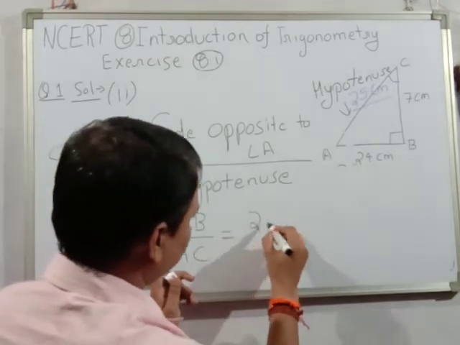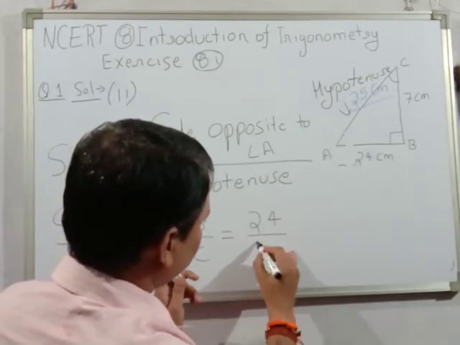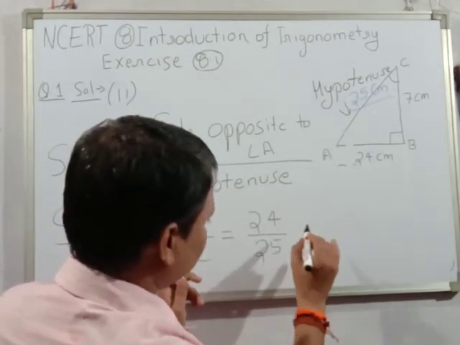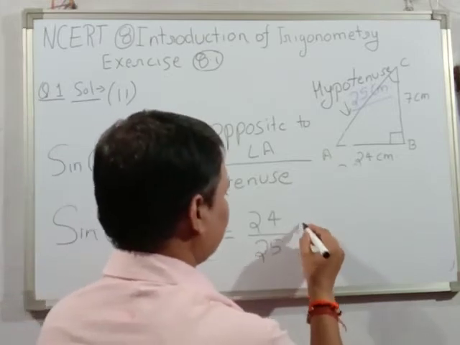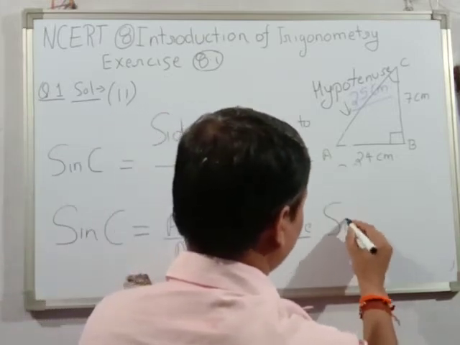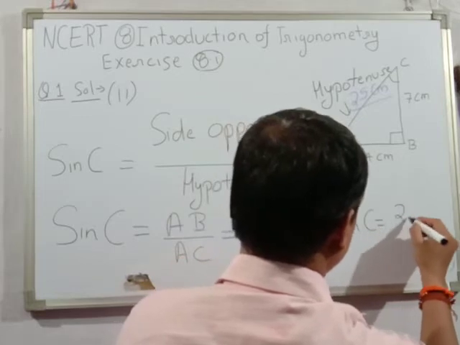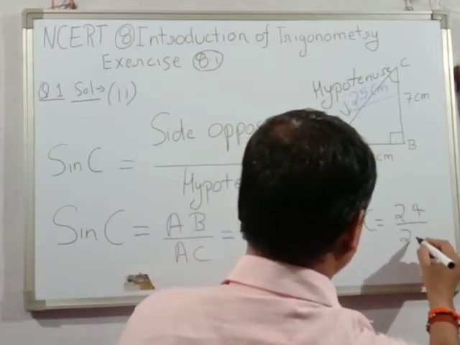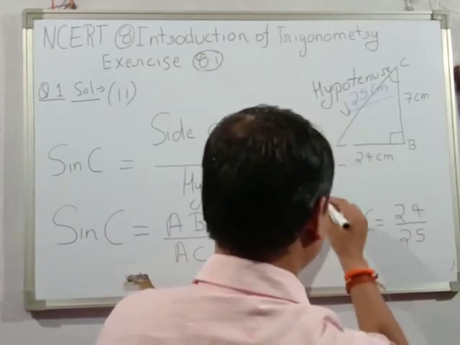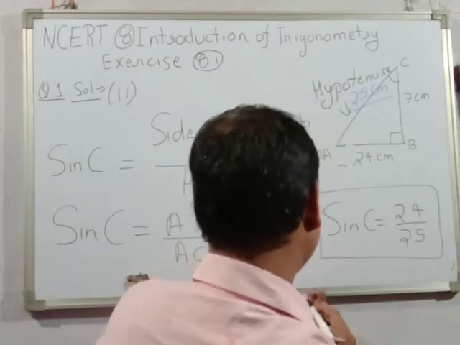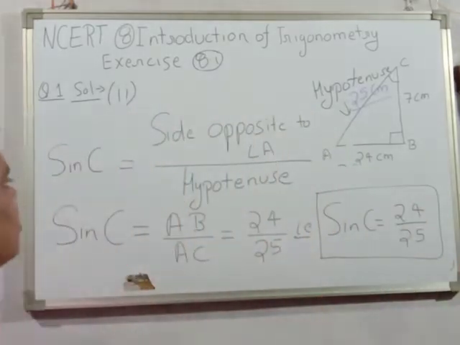AB is 24 centimeter, AC is 25 centimeter. Okay, that is the answer. Sin C is equal to 24 upon 25.